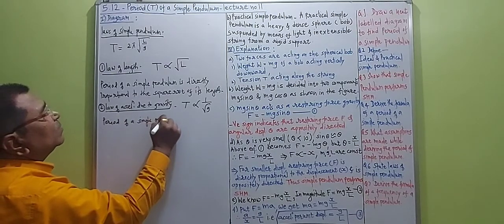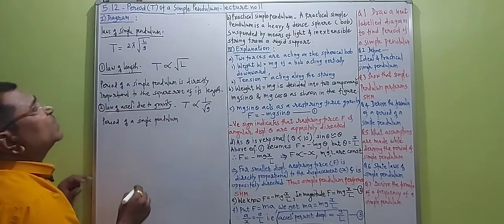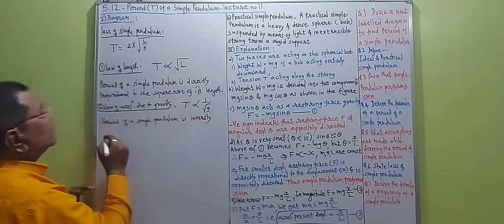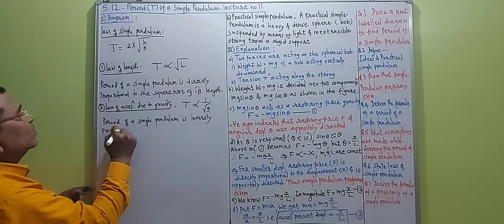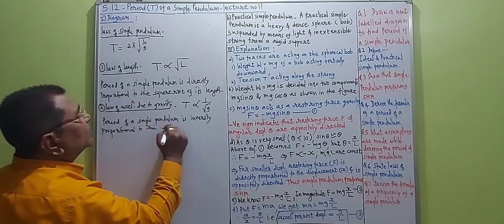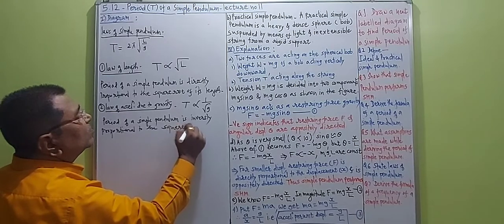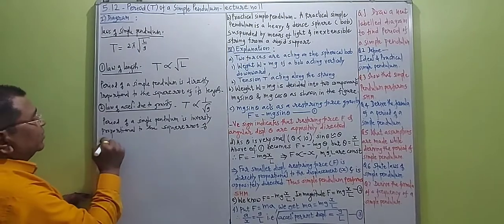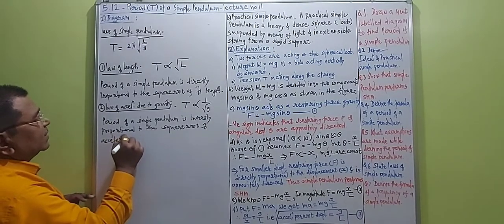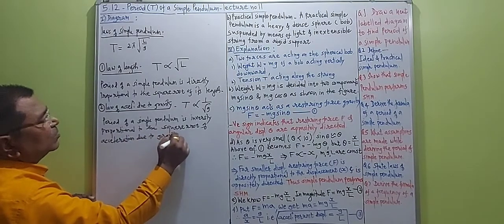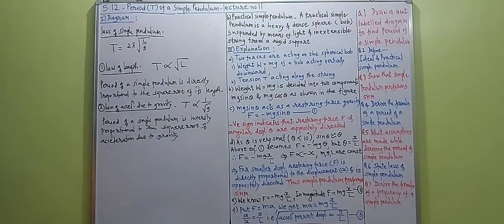Period of a simple pendulum is inversely proportional to the square root of acceleration due to gravity.